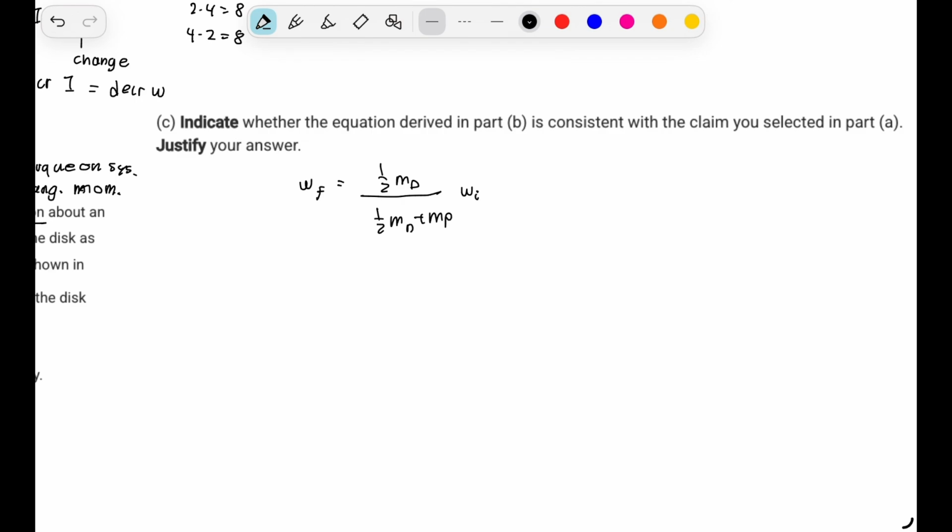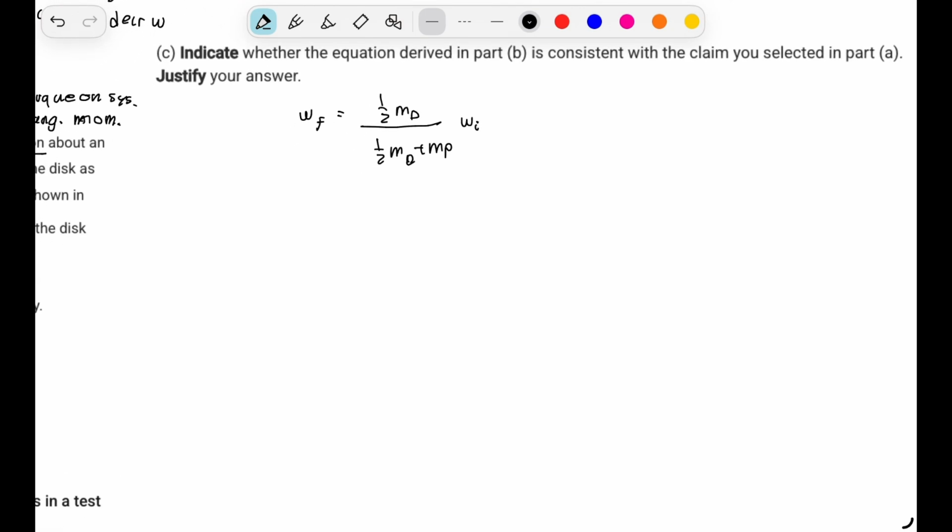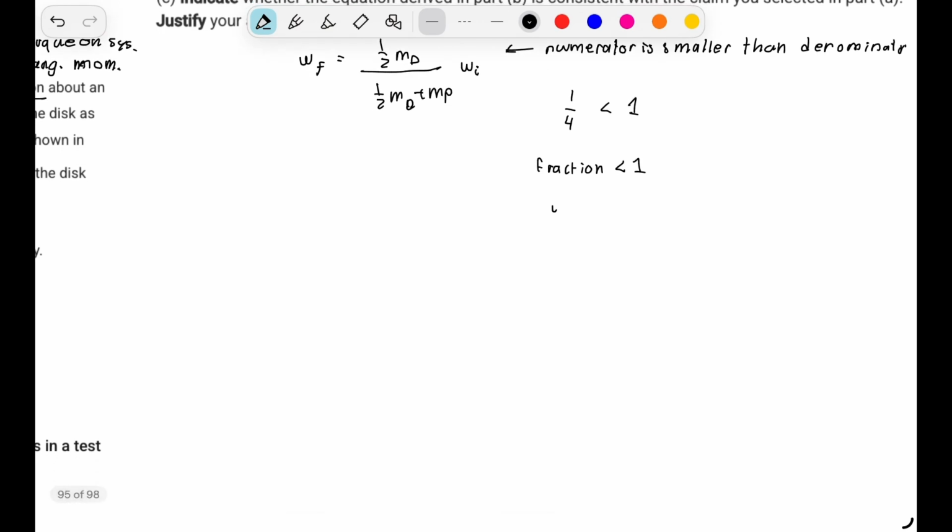What we can see here is that our numerator is smaller than our denominator. So for example, you have 1/4. That means your fraction is going to be less than 1. So that means that omega f is going to be less than omega initial.